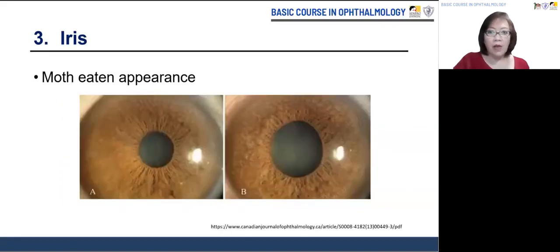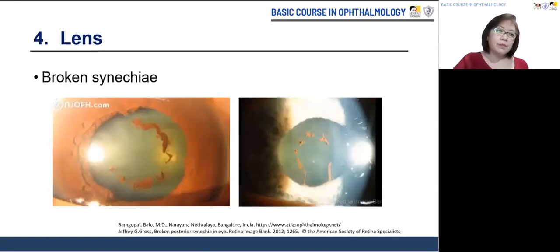The iris may likewise lose its normal architecture, leading to a moth-eaten appearance as shown in these photos. On the surface of the lens, you might also see what appears to be pigment deposition. These are actually remnants of posterior synechia that had been broken with the use of pharmacologic dilating agents.